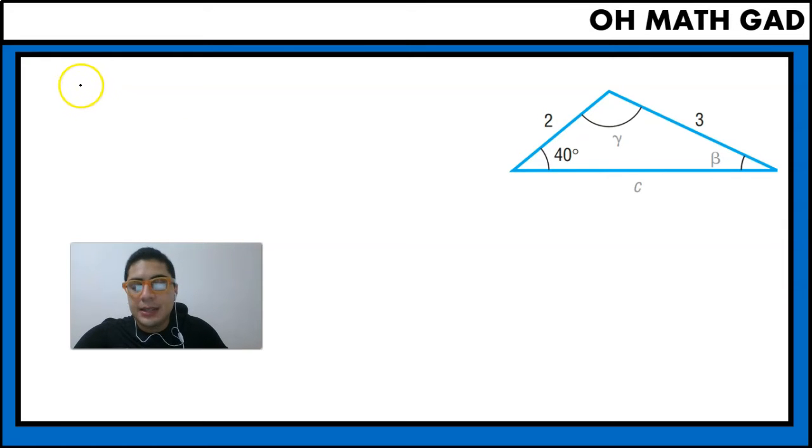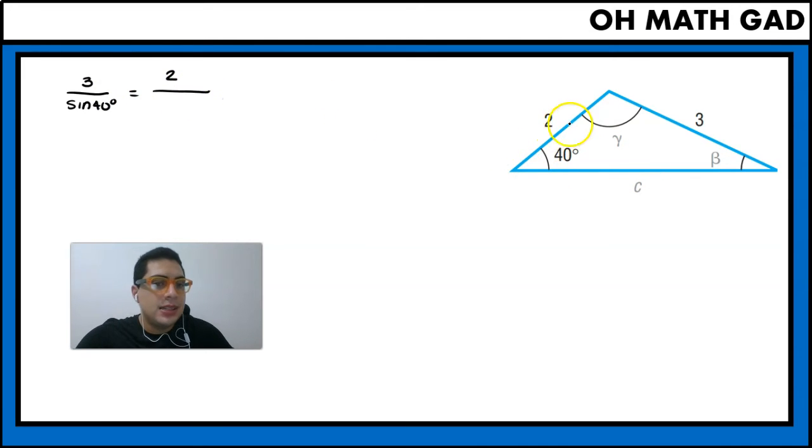So we have 3, right? This 3 right here. We know that that divided by the sine of 40, which is the opposite angle, is going to be equal to 2, which is one of the sides, divided by its opposite angle. So in this case it is the sine of beta. And then we just have to solve for beta. In this case, when we do that, we're going to have 3 divided by the sine of 40, right?